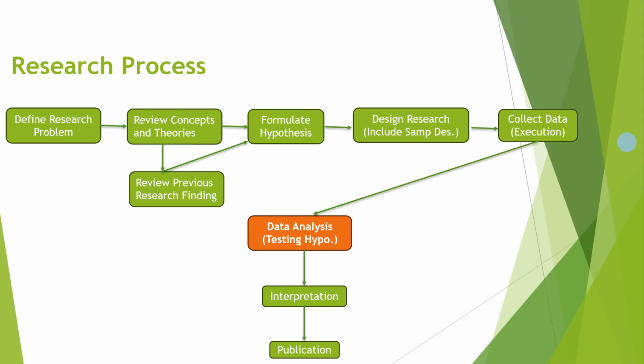Maybe the government can utilize this research paper for developing strict guidelines for policies, or maybe some private companies who want to set up a business around that can utilize this research paper and establish their businesses in those areas. So this is all about the research process.